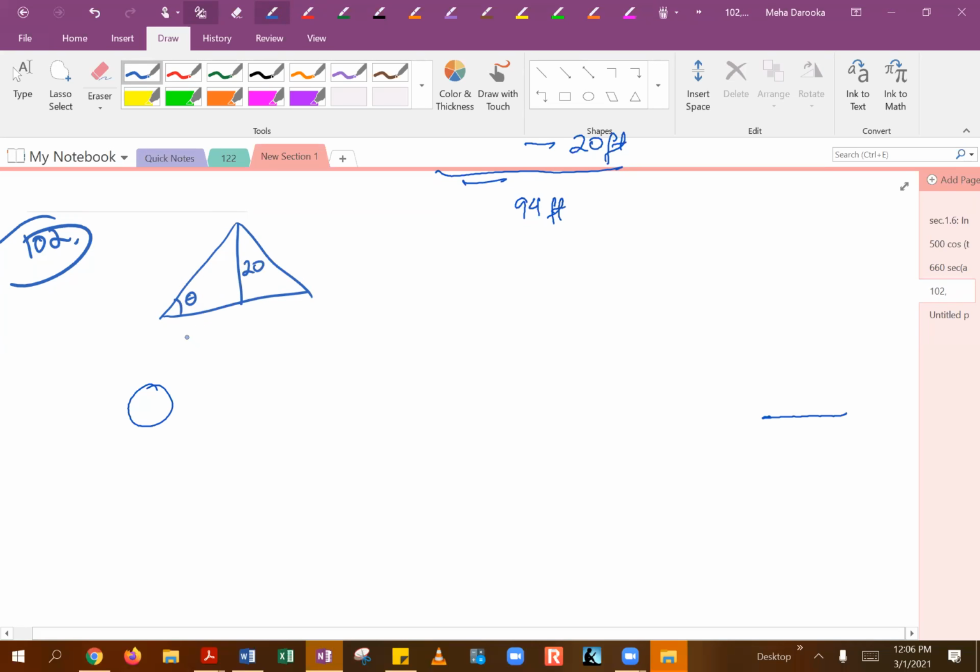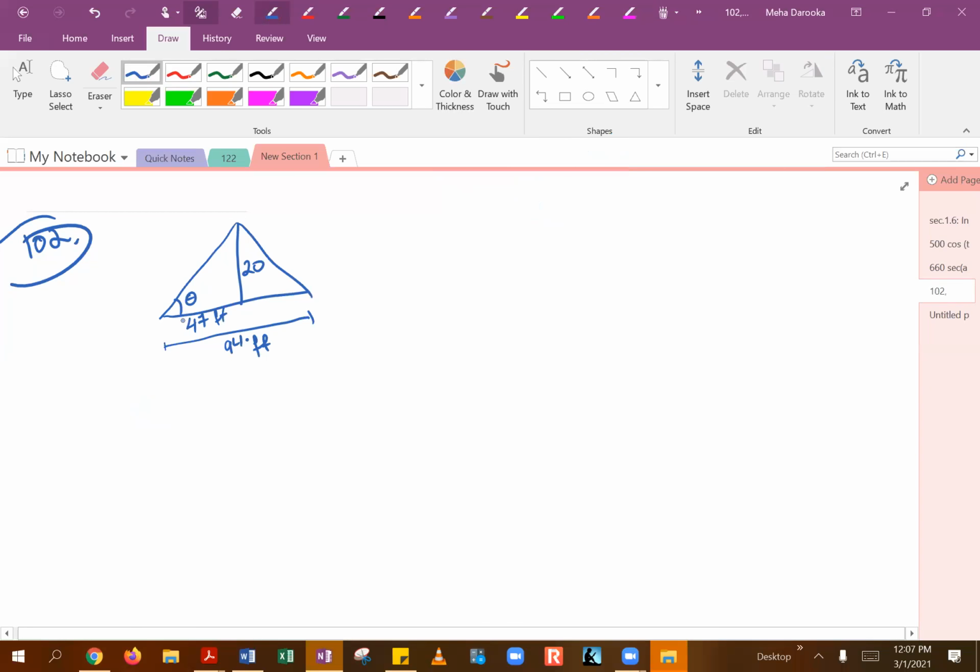We know this is 20 feet and we know the entire diameter is 94 feet. So the first thing we want to do is find the radius. Obviously the radius would be half of the diameter, so that would be 47 feet, right? Yeah, 47 feet for the radius.